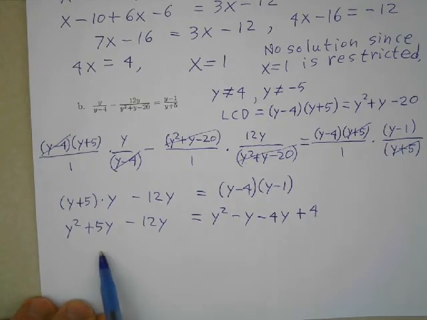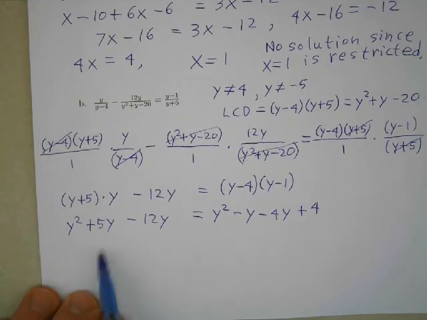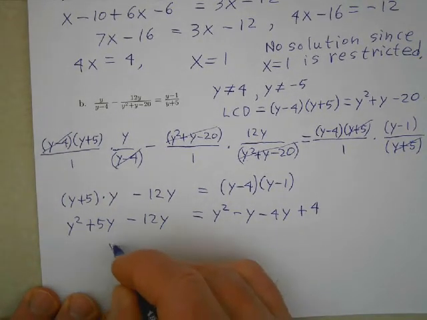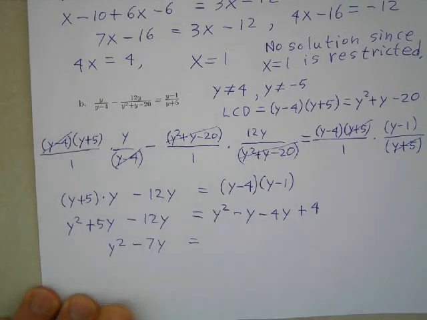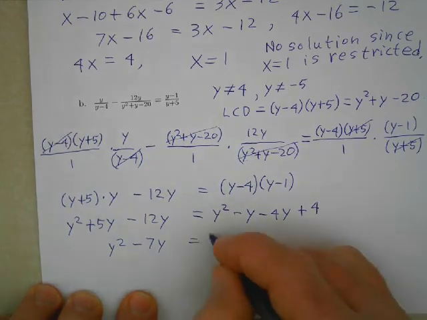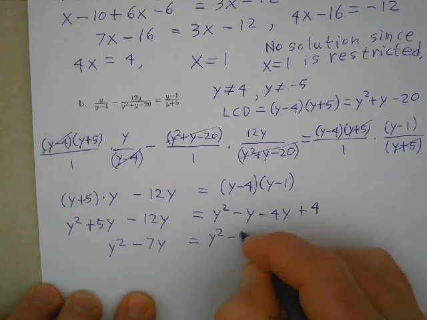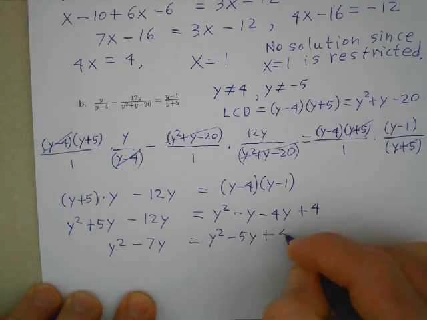We'll combine like terms on the left-hand side, and we get y to the second minus 7y. We'll combine like terms on the right-hand side and get y squared minus 5y plus 4.